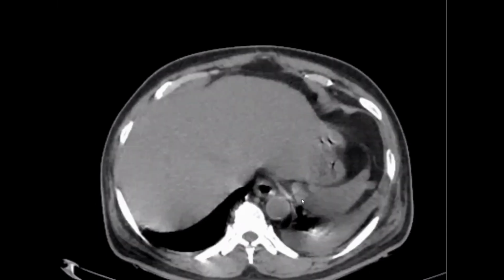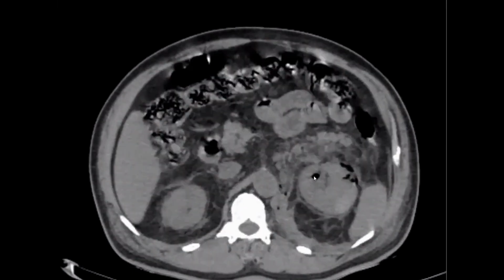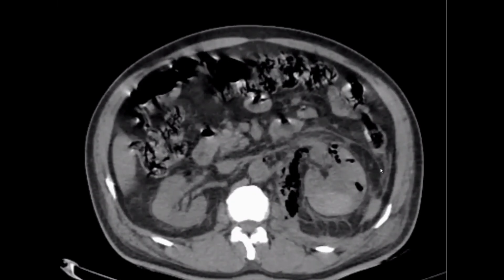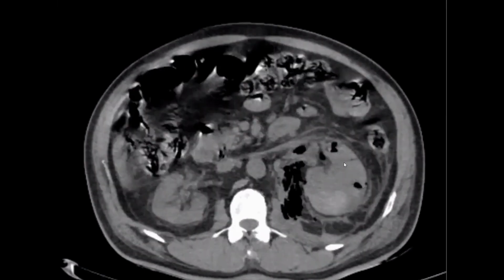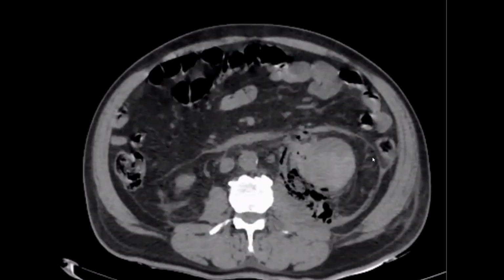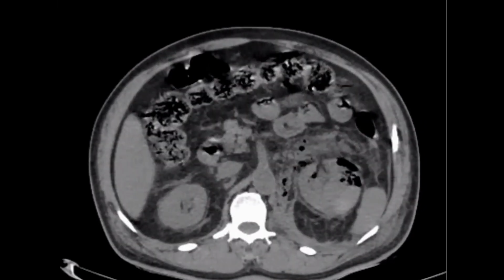Sir, I'm provided with CT scan, non-contrast abdomen and pelvis images, and I could appreciate mild left-sided pleural effusion. In addition, I could appreciate a significantly enlarged left kidney with surrounding perinephric fat stranding and simple air locules within the collecting system, within the renal parenchyma, extending into the perinephric fat as well.